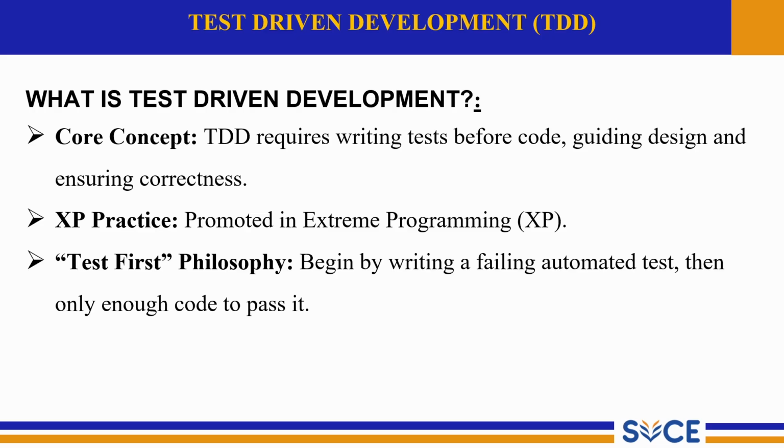Refactor: improve the code quality without changing its behavior. This approach encourages simple, clean, and testable code. So, test driven development makes development more reliable by ensuring that testing is not an afterthought but an integral part of the coding process.